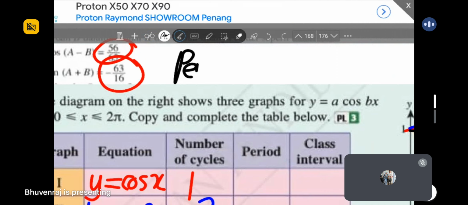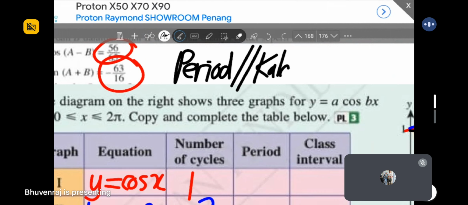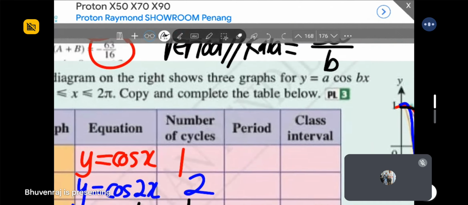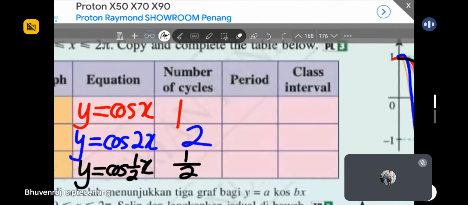Period, or Kala in BM, is 360 degrees divided by B. So first graph, 360 over B, B is 1, so the answer is 360 or 2 pi.